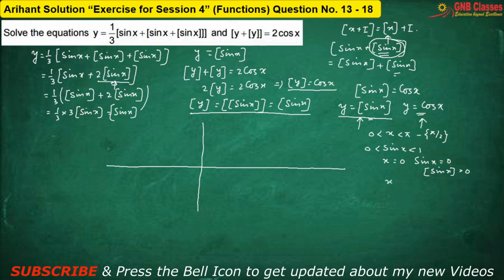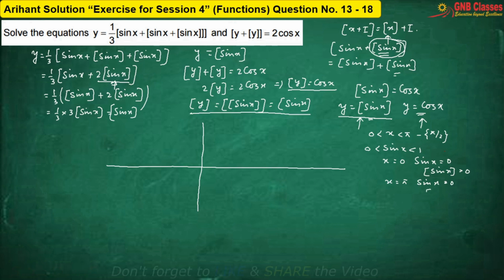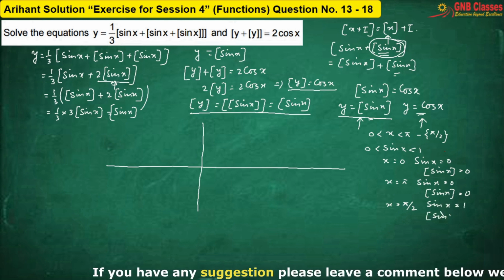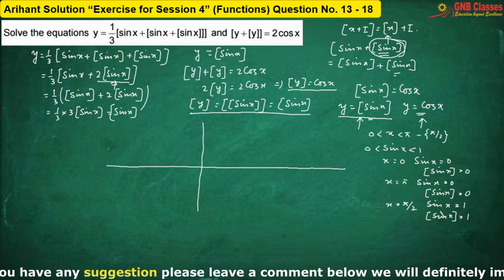When x is pi, again sine x will become 0, so [sin x] will be again equal to 0, right? But when x is pi by 2, we have sine x as 1. Therefore, [sin x] will be 1 in that case, right?